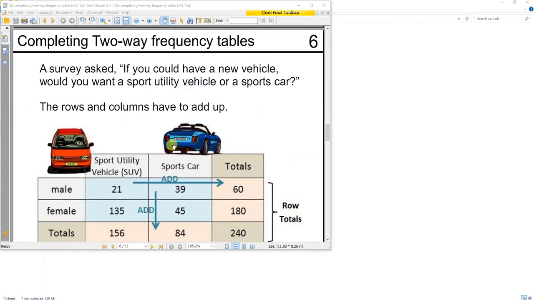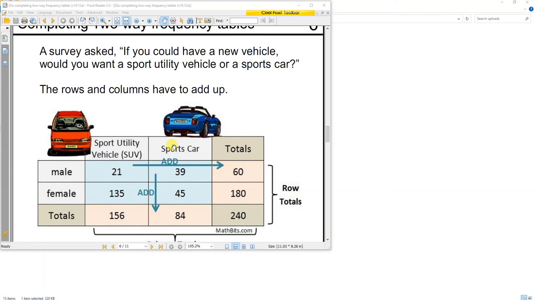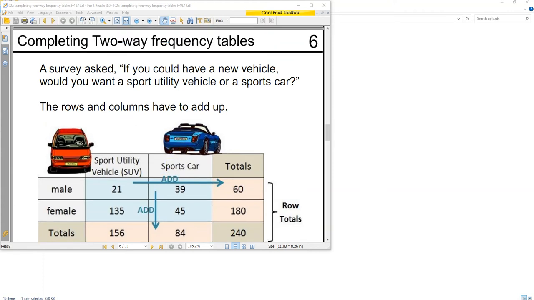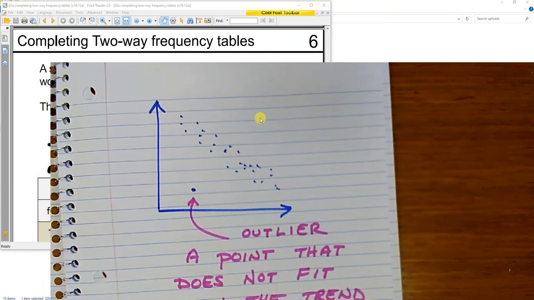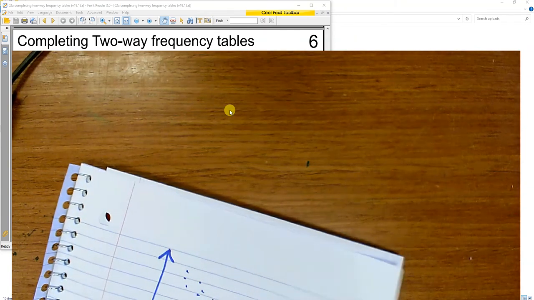So here we go. We're going to complete our first one right here. Actually, this is just going to be an example. Let's go with our notes, and we'll start with our name.